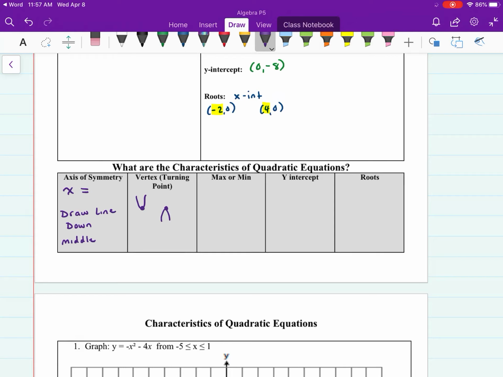The maximum or minimum: if it's at the top like that, that is going to be considered a maximum. And if it's at the bottom, that's called a minimum. The y-intercept is where it crosses the y-axis. It's coordinates, so I'll put x, y. And the roots is where the graph crosses the x-axis.